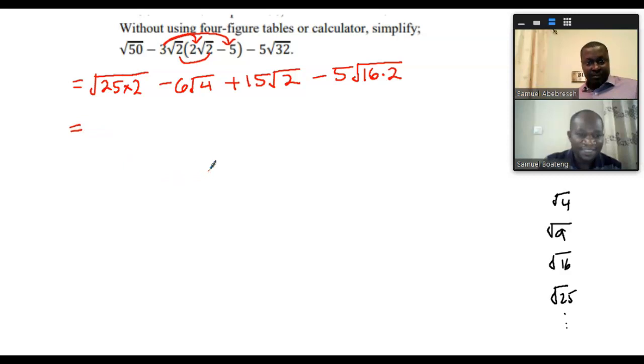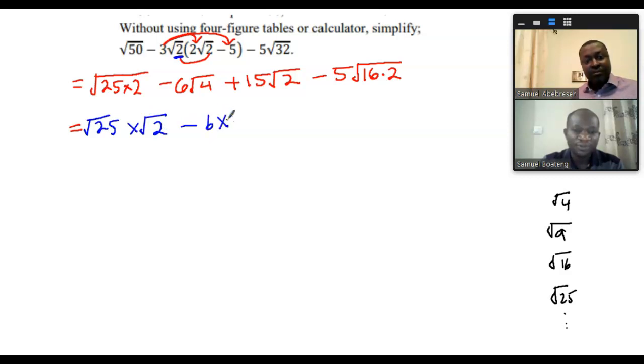We can split this one into individual terms. Let's split this as root 25 times root 2, minus 6 times 2. So root 4 will give you 2, which is a perfect square, plus 15 root 2.